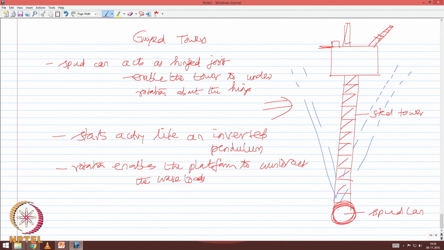When the platform is rotating about the hinged point, the platform has a variable buoyancy and change in weight, which then challenges the dynamic equilibrium at any instant of time.